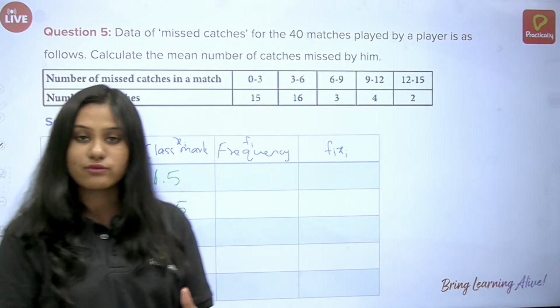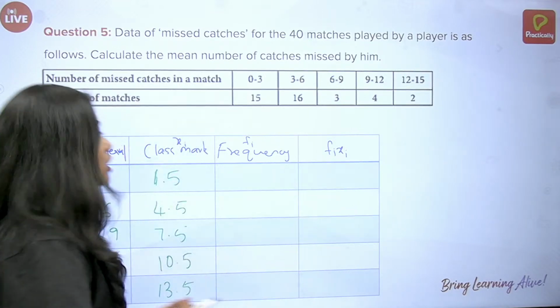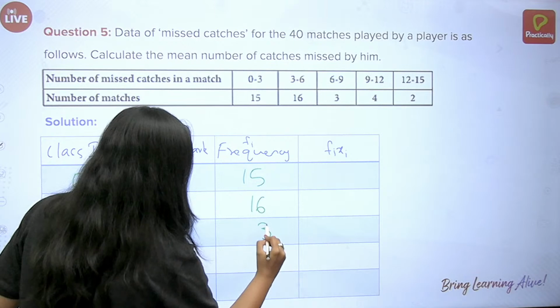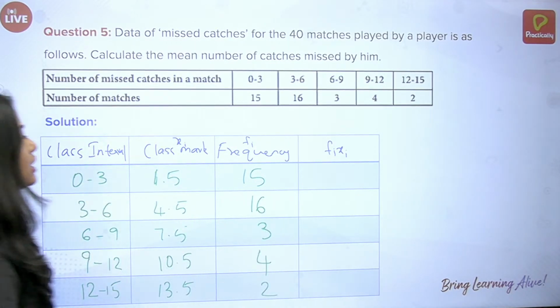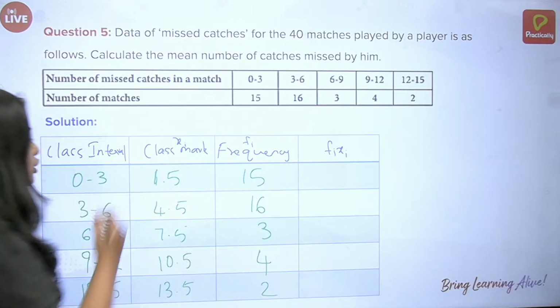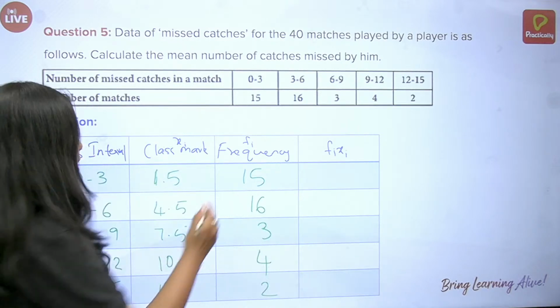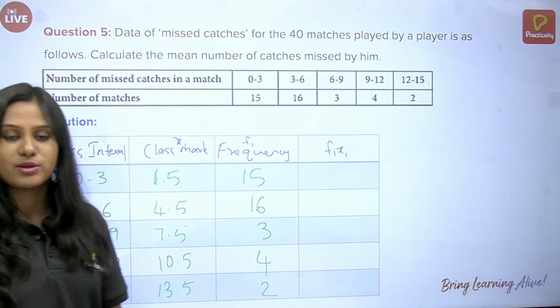Now, what do we have to do? Just write the frequencies as given in the table. So, 15, 16, 3, 4 and 2. Right? Now, do Fi Xi. 15 into 1.5. Now, I'll tell you an easier calculation. Okay? 15 into 1, 15, plus 15 into 0.5, 7.5.